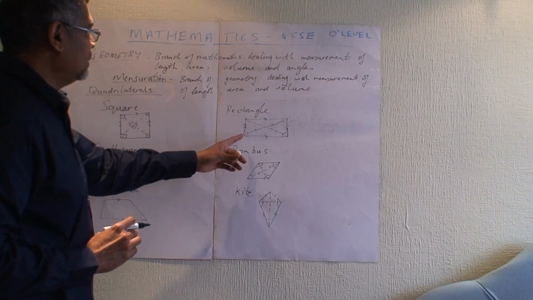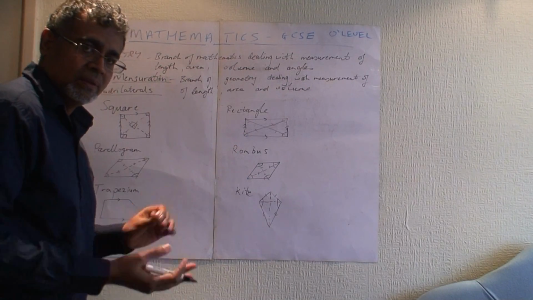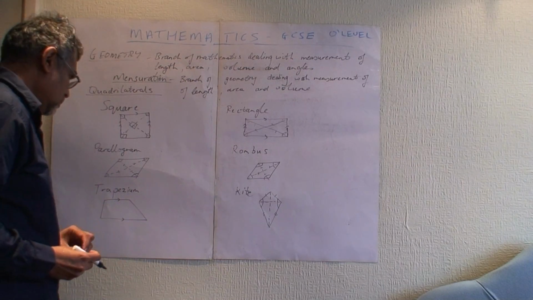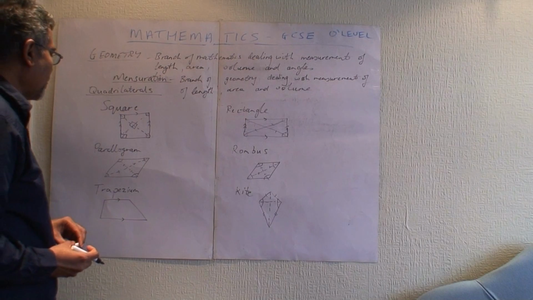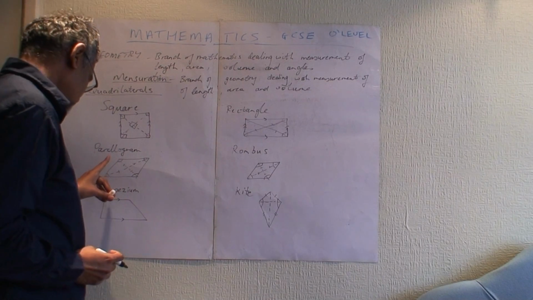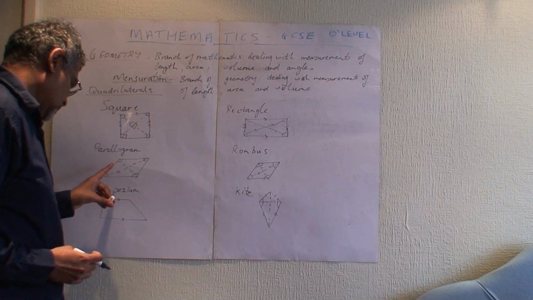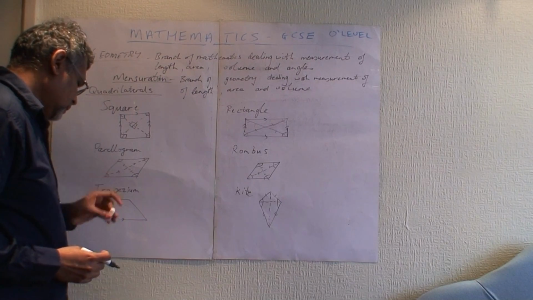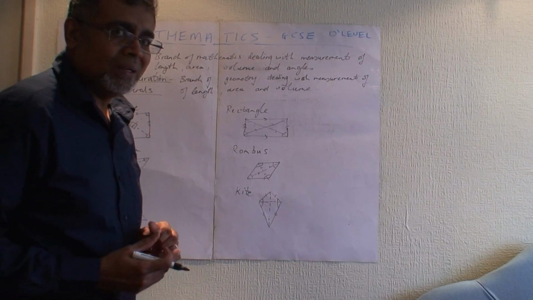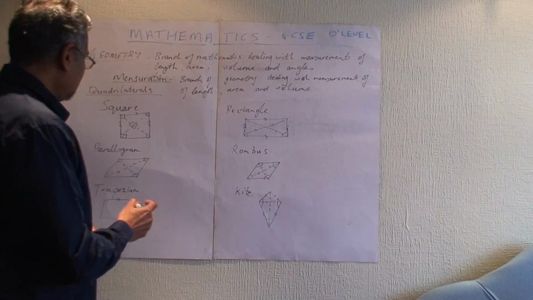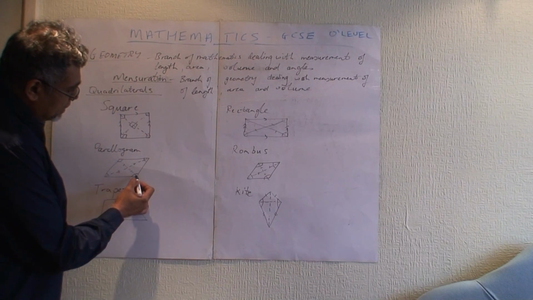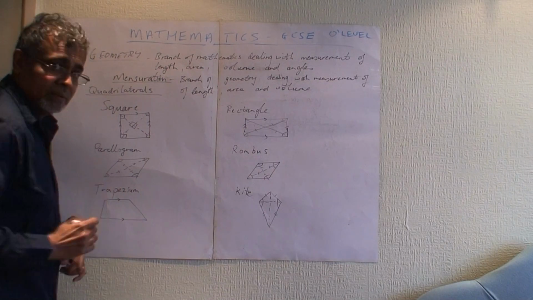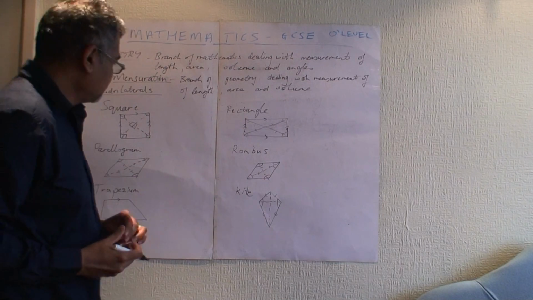It's almost like a tilted rectangle. The intersecting lines bisect each other in the middle, and it has two pairs of equal angles directly opposite each other. So this angle is equal to this angle, and that angle is equal to that angle.